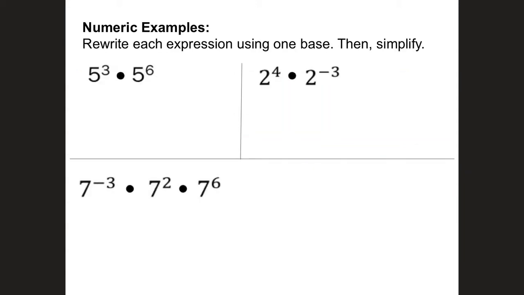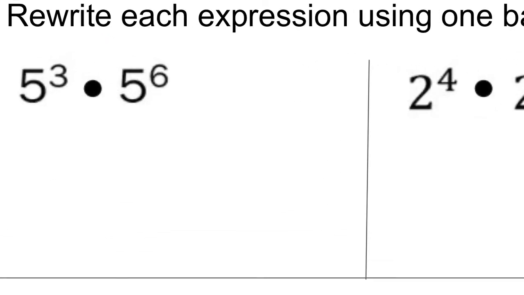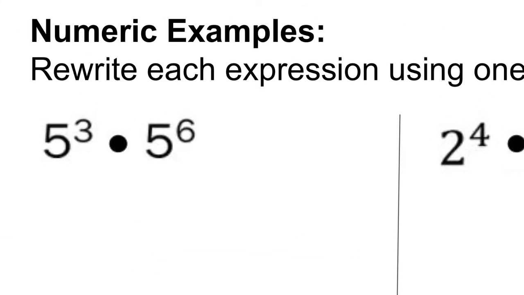Now let's look at some numeric examples of applying this property. So for the first one, I have 5 to the third times 5 to the sixth. Now we see that they both have a base of 5, so I can go ahead and just add the exponents of 3 and 6. So it becomes 5, and my exponent is 3 plus 6, and I simplify that to become 5 to the ninth.